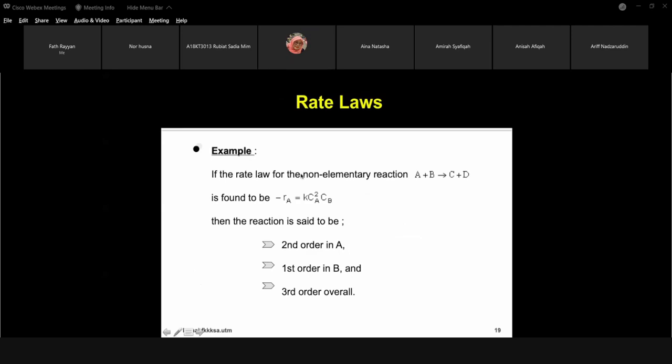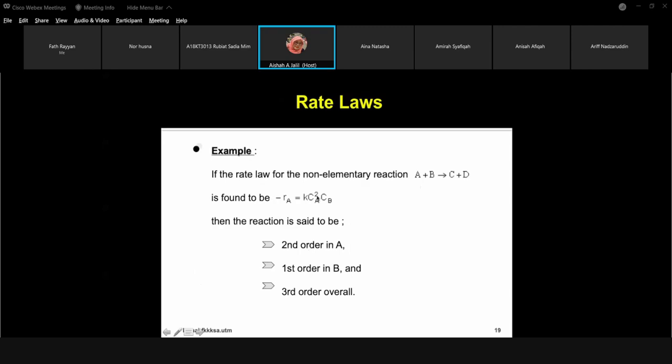Okay, for example, this is the sentence in the question. If the rate law for the non-elementary reaction A plus B to C plus D is found to be negative r_A equal k C_A power of 2 C_B, then the reaction is said to be second order in A, like I said before.